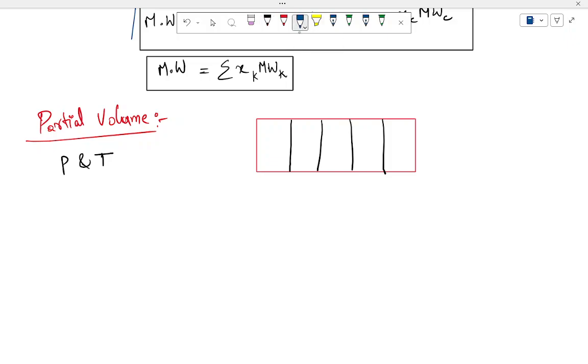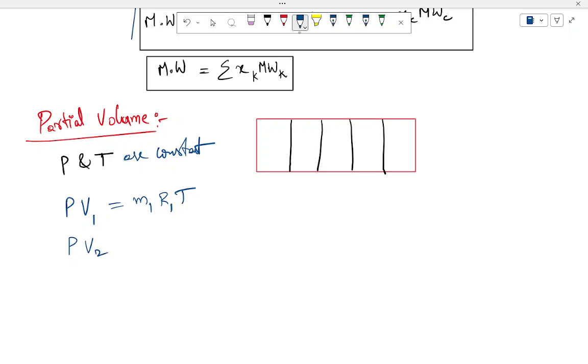For 1, I will write PV1 is equal to M1 R1 T. So P and T are the same in this case, that's why P and T are taken as the common and constant things.